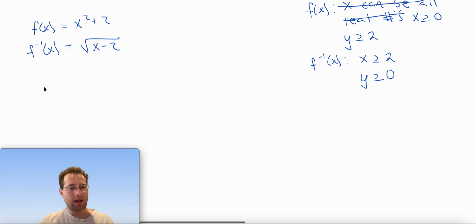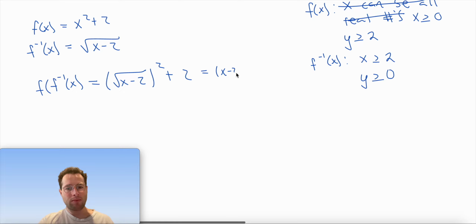And so in this case, f of f inverse of x equals the square root of x minus 2, squared, plus 2. These are going to undo each other, and so we're just left with x minus 2 plus 2, which equals x, because these are going to cancel out. So it checks out in that one.